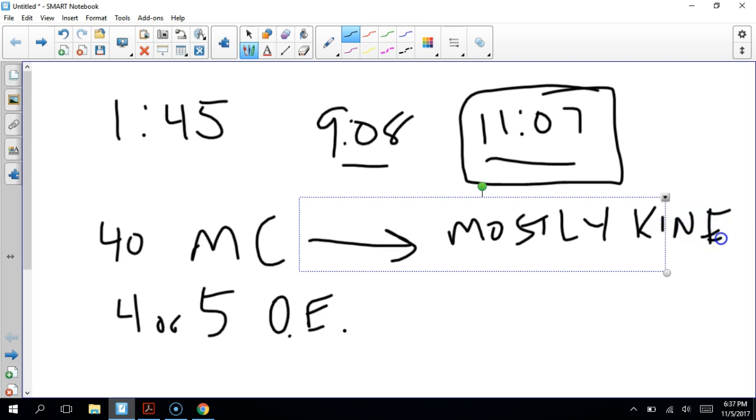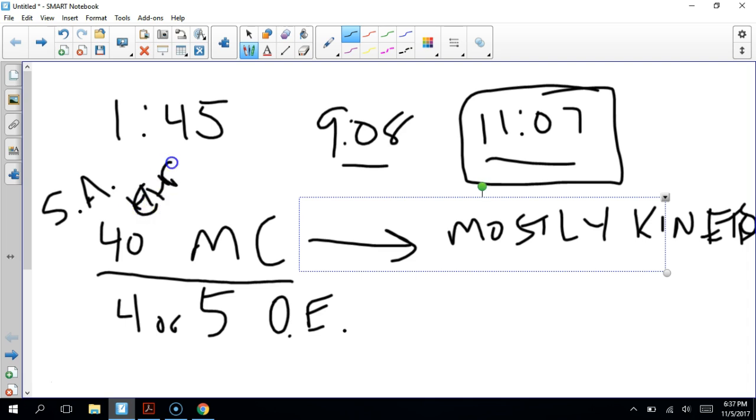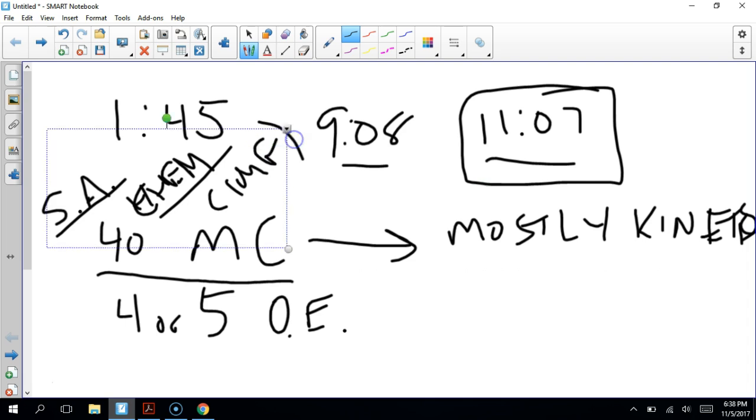I say mostly from kinetics because there will be some questions that will encompass the summer assignment and then your previous chem class, probably namely intermolecular forces. I love those intermolecular forces questions.